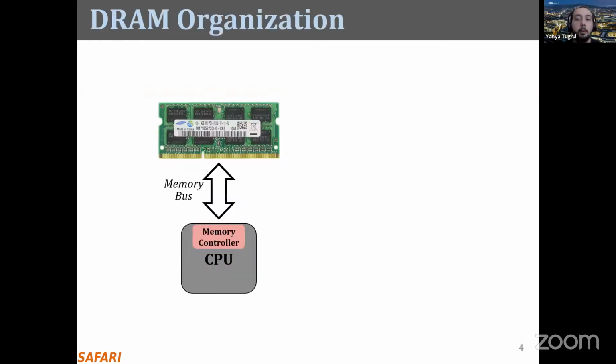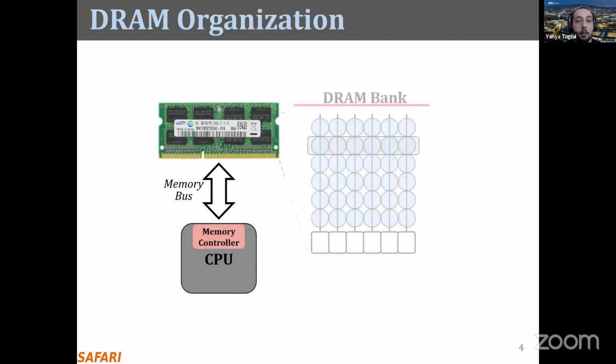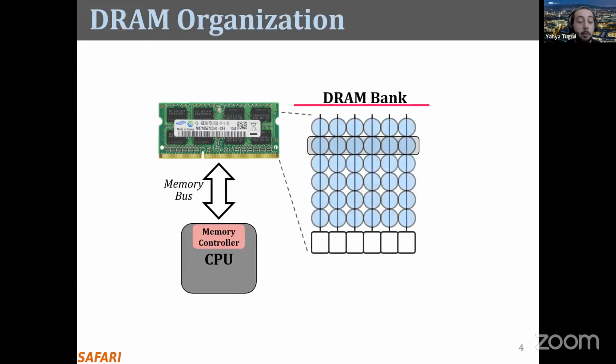Here we see a typical system with a CPU and a DRAM module that has several DRAM chips, and each chip has multiple banks in it. These banks are organized as a 2-dimensional array of DRAM cells, and a DRAM cell stores a single bit of information as electrical charge. In the bank, the cells are vertically connected to the sense amplifier, which can read or write the data from the cell.